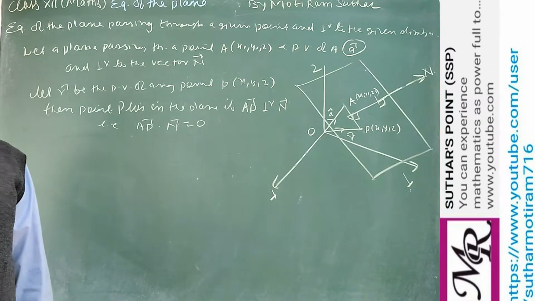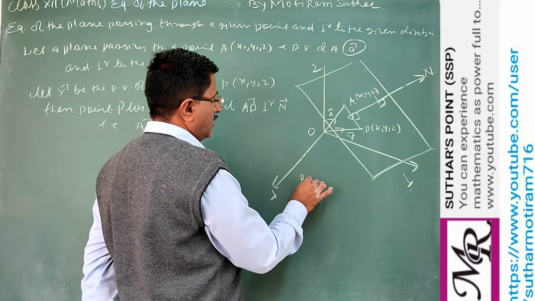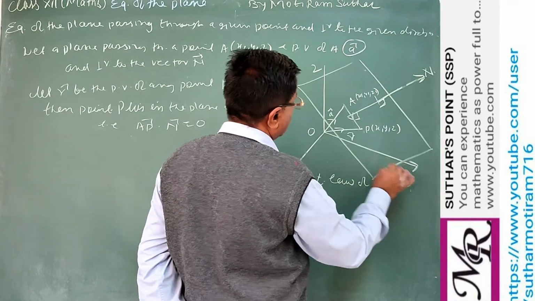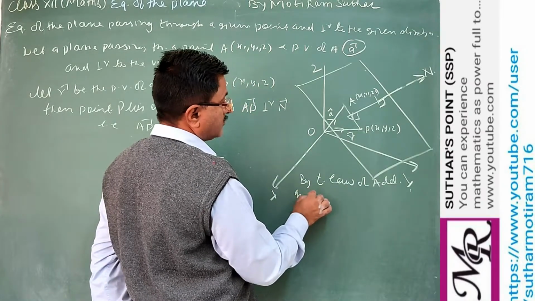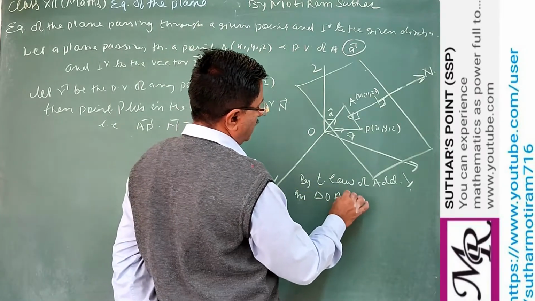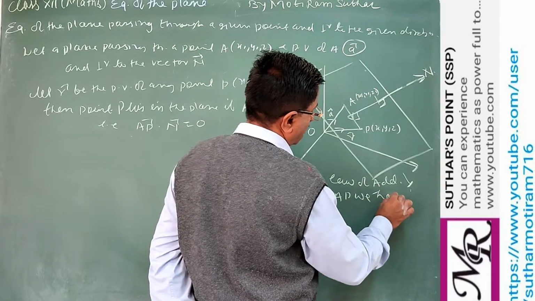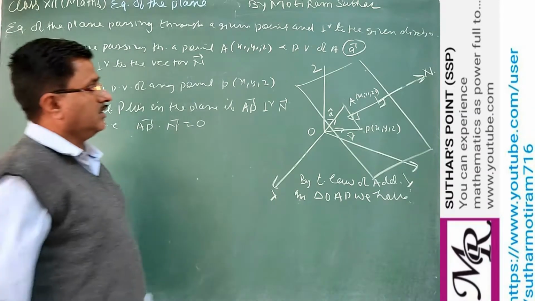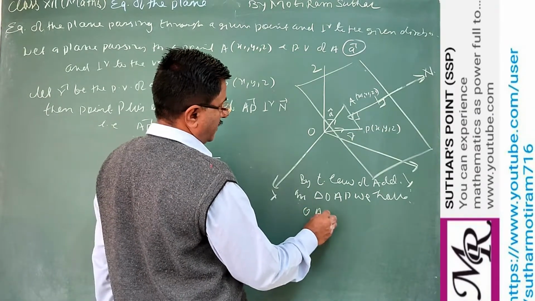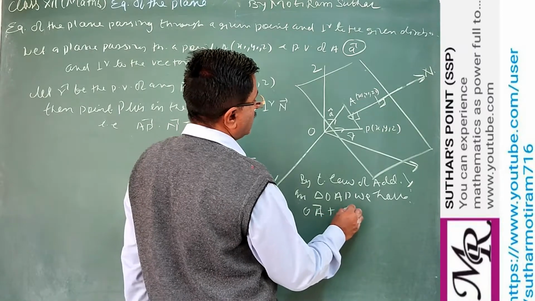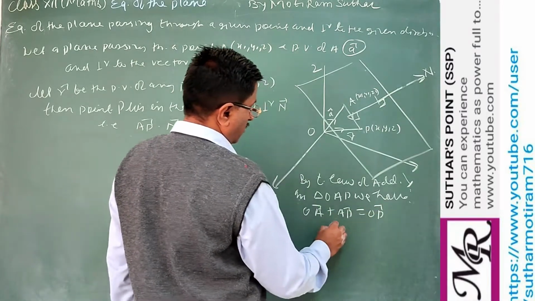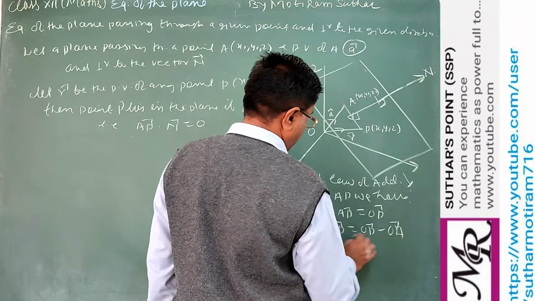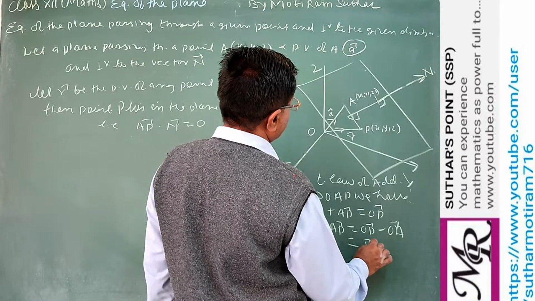Now AP you can find from the triangle. By the triangle law of addition, in triangle OAP we have OA plus AP equal to OP, or vector AP equal to OP minus OA. So OP means r, minus a.